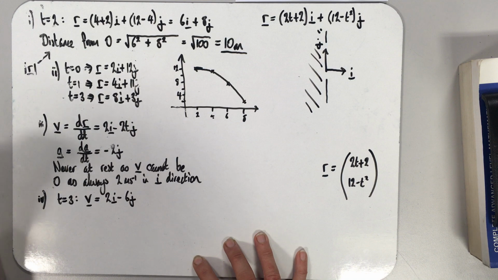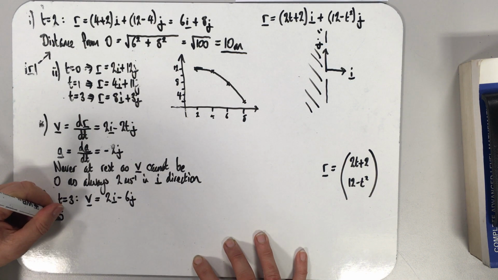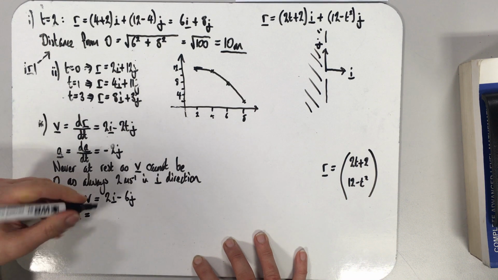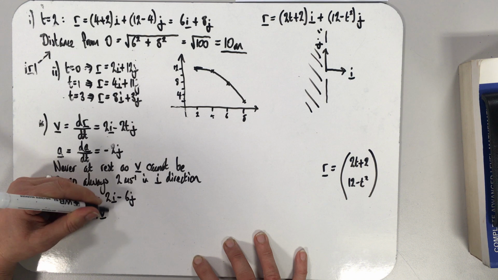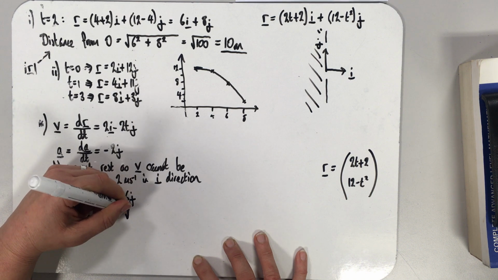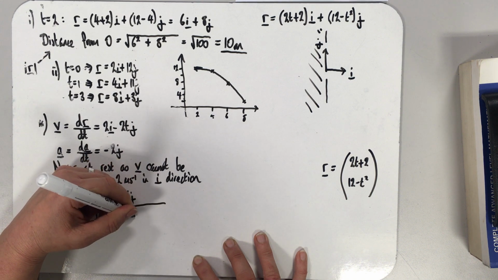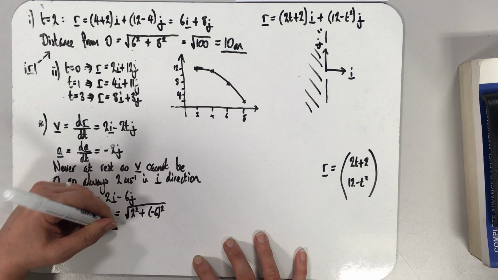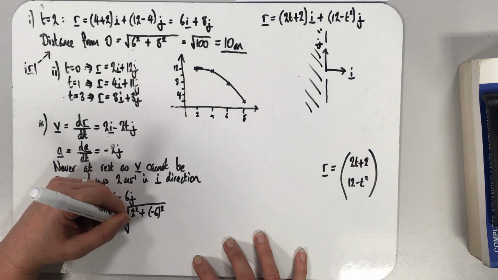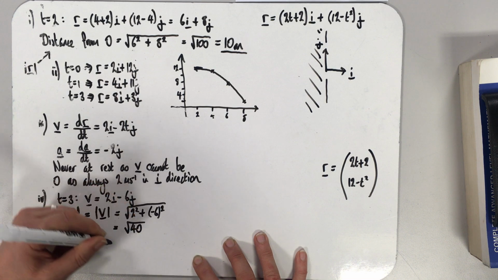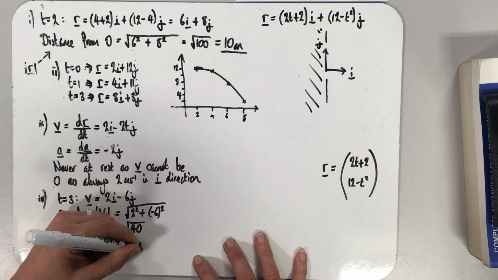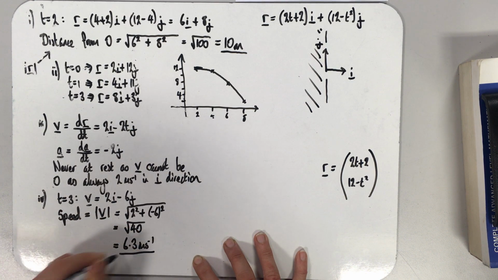And to get from velocity to speed, you need to find the magnitude of the velocity, which is the length of the vector. So that is the square root of 2 squared plus minus 6 squared, which is the square root of 40. You might want to reduce your accuracy down a little bit, because it's a mechanics question.